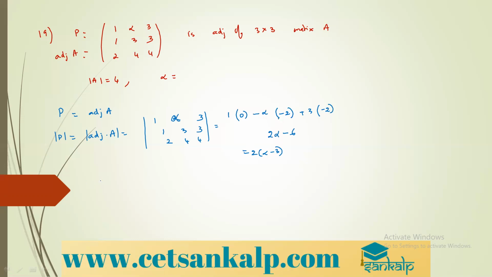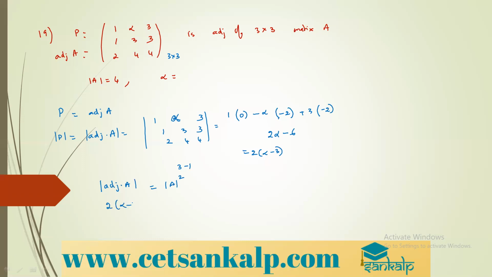Now we have a formula or property that determinant of adjoint A will be determinant of A whole square, because it is a 3 by 3 matrix. 3 by 3 matrix means here I have to take 3 minus 1 because the order is 3 according to the formula.